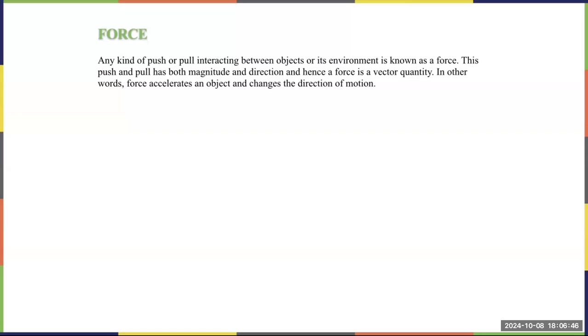If there is no force, then the object will not change its direction. So if the object is moving in a straight path with uniform motion, that is, the velocity is constant, then in that condition we will have no force. That is the condition where the net force is zero.